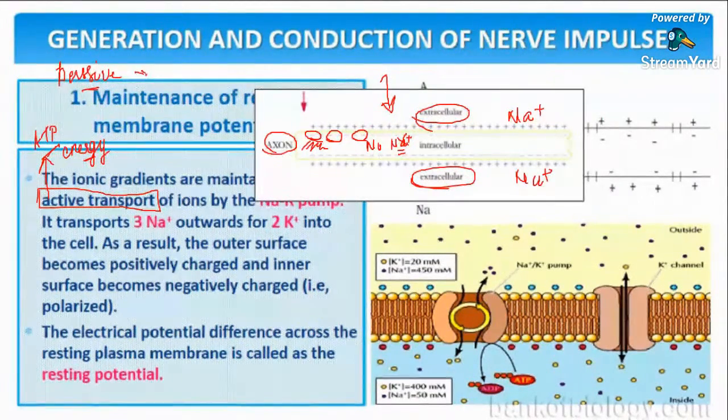Passive diffusion means it simply flows from one concentration to another, but active transport, from low concentration to high concentration, will flow only with the help of energy in the form of ATP. We will study in detail each term, active transport, passive transport, everything, in the plant physiology chapters. So guys, there is a sodium potassium pump. This is a sodium potassium pump.